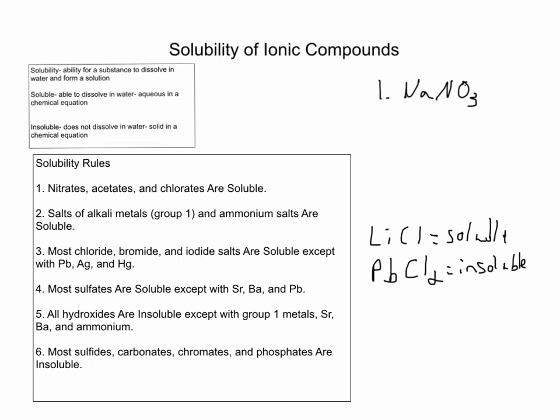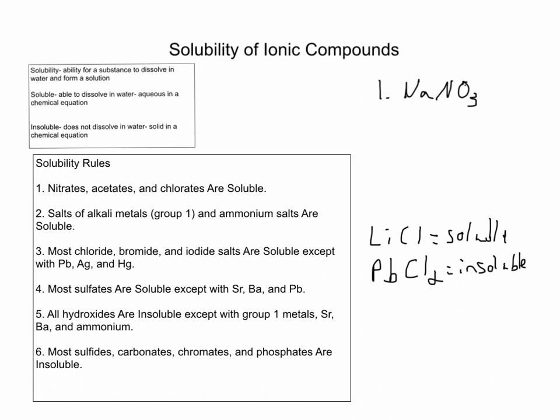So if you see OH minus on an ionic compound, then it will be insoluble except if you have a group 1 metal, just like it says in rule number 2, or strontium, barium, and ammonium. And lastly, if you have a sulfide, carbonate, chromate, or phosphate on your compound, it's going to be insoluble unless you have an alkali metal. So let's just try one more example.